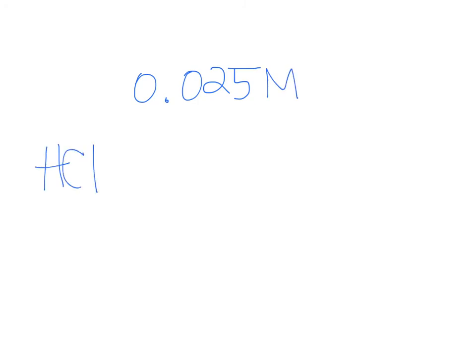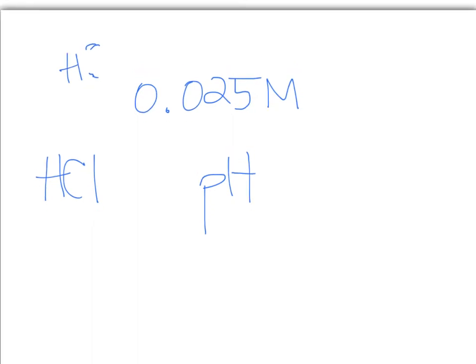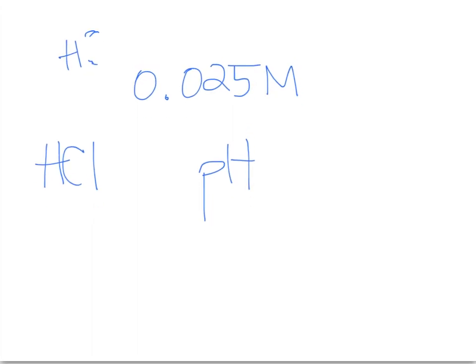If they give you something like this and they say you have a concentration of 0.025 molar and you have this acid HCl, and they say what's the pH? Well, what they didn't tell you is whether that is the H or the OH.